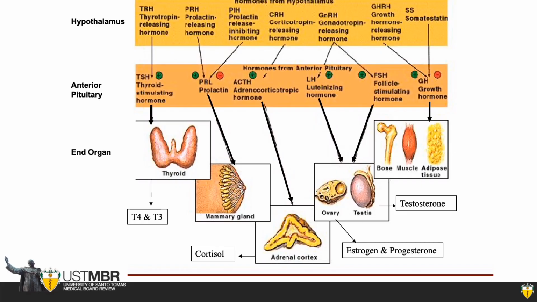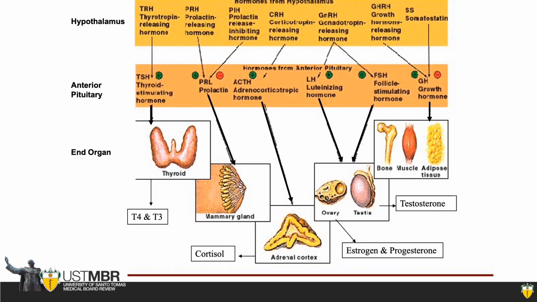So you have your hypothalamic hormones. Each of those anterior pituitary hormones are regulated in some way by another hormone from the hypothalamus. So let's take, for example, the thyroid gland: TRH stimulates the anterior pituitary to secrete TSH, and once TSH reaches the receptors within the thyroid gland, it will stimulate the thyroid gland to take up more iodine and produce more thyroid hormone and release it.